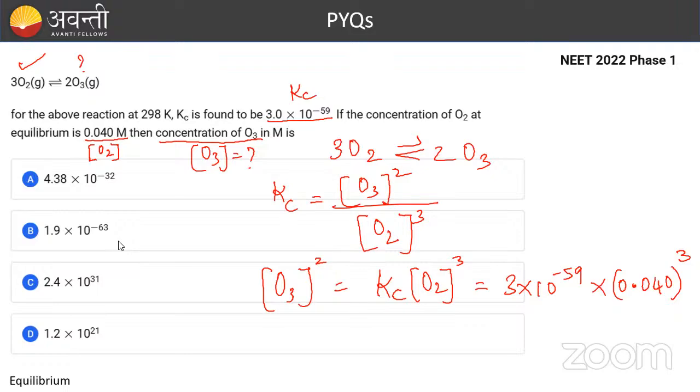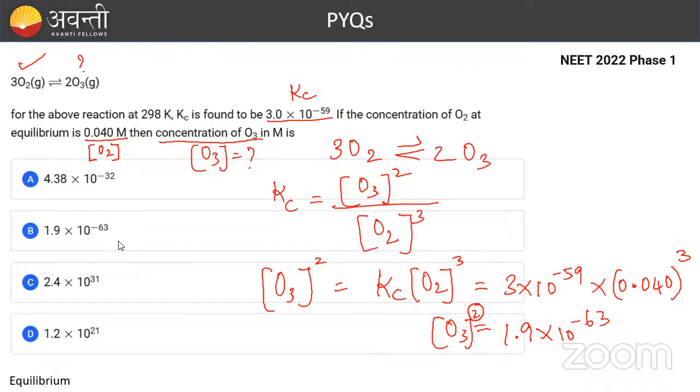Now if you take the cube and multiply, you will get [O3]^2 equal to 1.9 × 10^-63. Okay? But this is the value for O3 power 2. We need to find only the concentration of O3, not the square value.